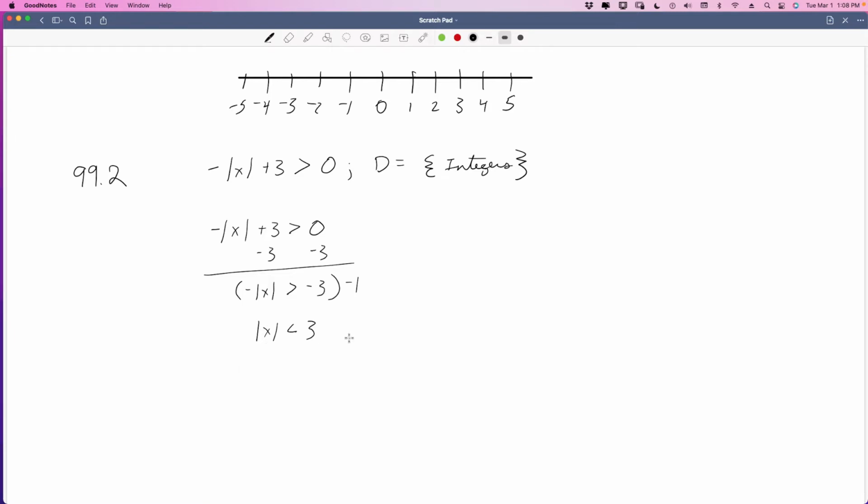Okay, now we can take this and do our conjunction. So we have x is less than positive 3, or negative x is less than positive 3. Multiply this by negative 1, and that's going to equal x is greater than negative 3.